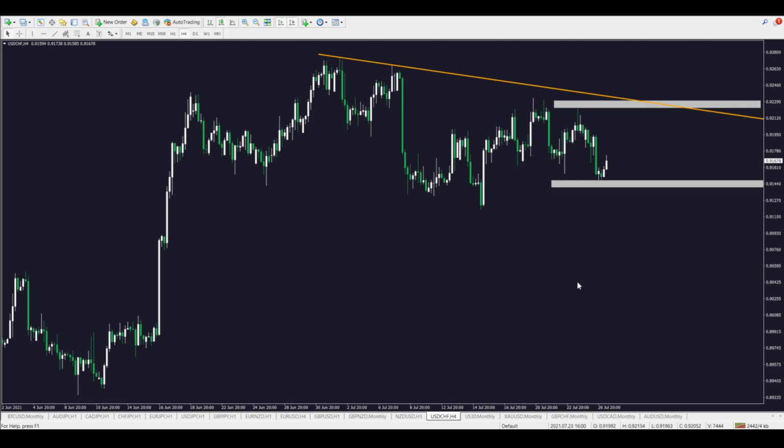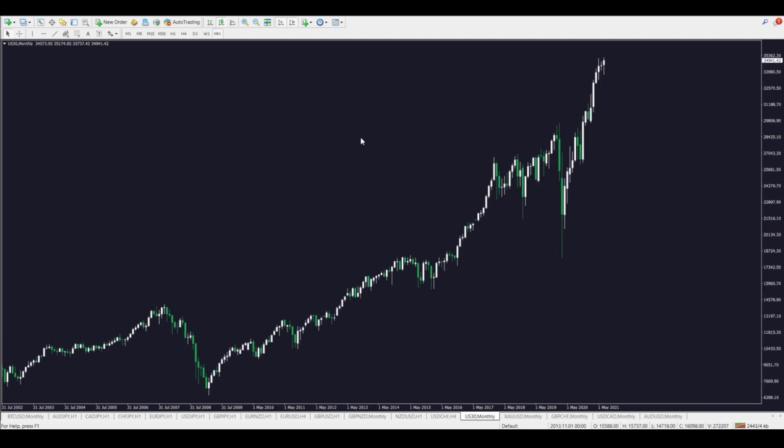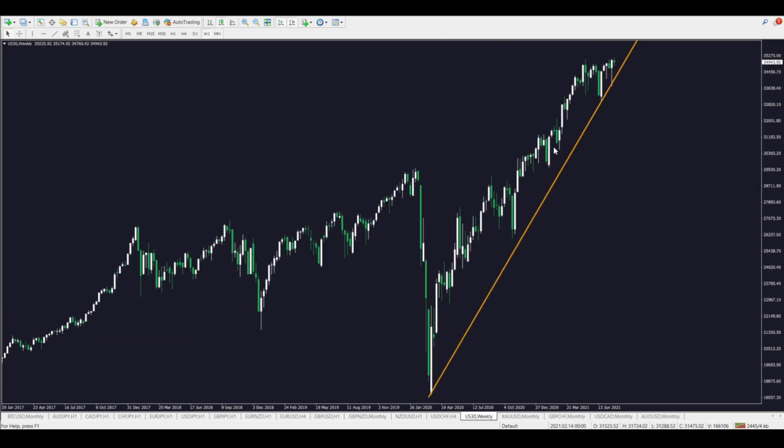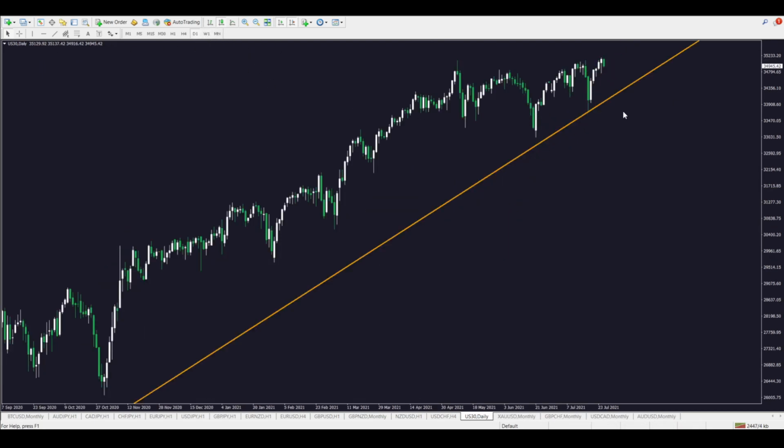So simple one on USD Swiss. US 30. So entire thing is bullish, weekly bullish, daily bullish. Price has been struggling in this year for weeks or maybe months.